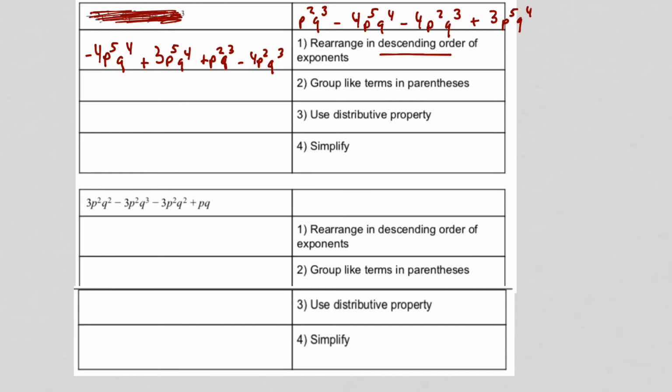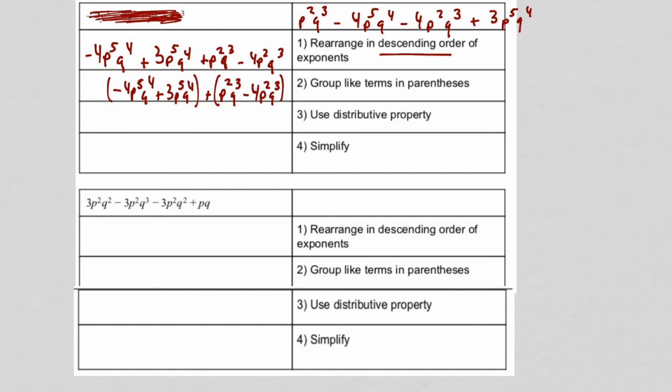Now I'm going to group the like terms in parentheses. Minus 4p to the fifth q to the fourth plus 3p to the fifth q to the fourth plus p squared q third minus 4p squared q to the third.